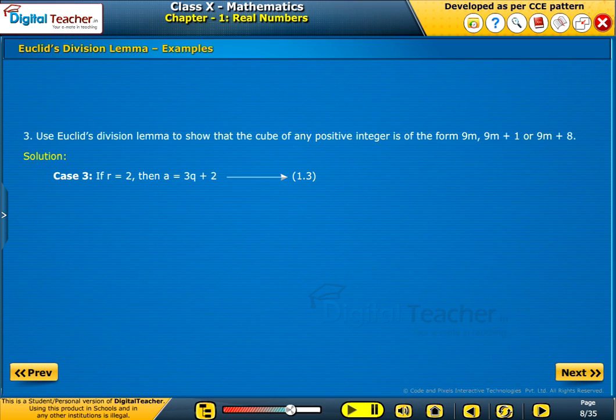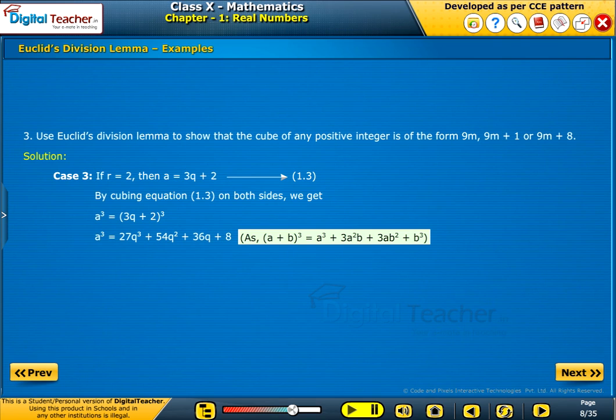Case 3. If r equal to 2, then a is equal to 3q plus 2. By cubing equation 1.3 on both sides, we get a cube equal to 3q plus 2 whole cube. As it is in the form of a plus b whole cube, we write it as shown. Now, by further solving, we get a cube is equal to 9m plus 8.